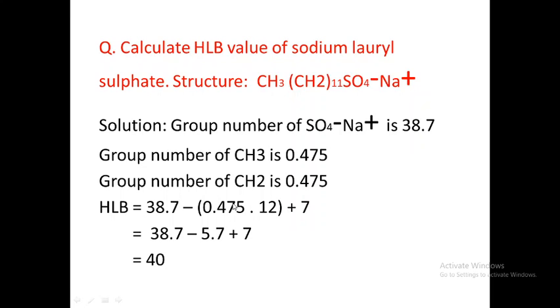So 12 into the group number of the respective groups, that's 12 into 0.475, plus 7 according to the formula. So once you solve this, you will get the value, that is 40. So for sodium lauryl sulfate, the calculated hydrophilic lipophilic balance value is 40 according to method 1.